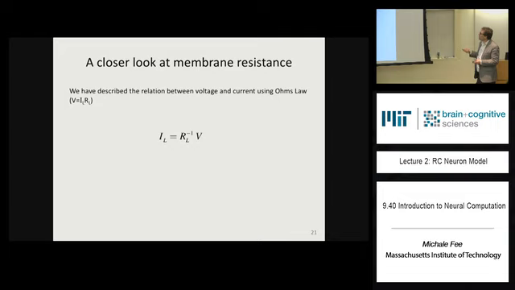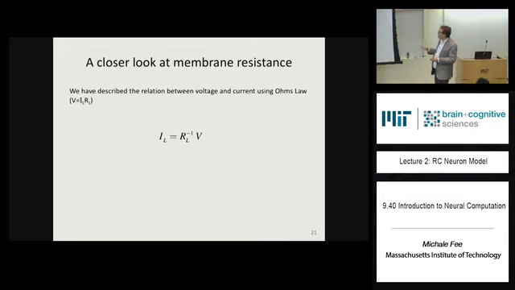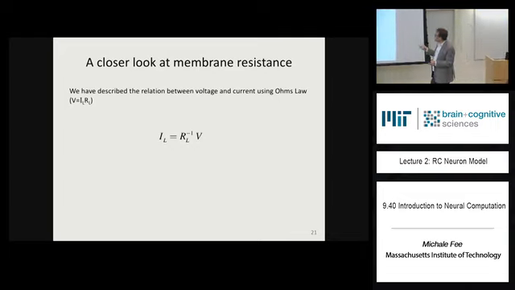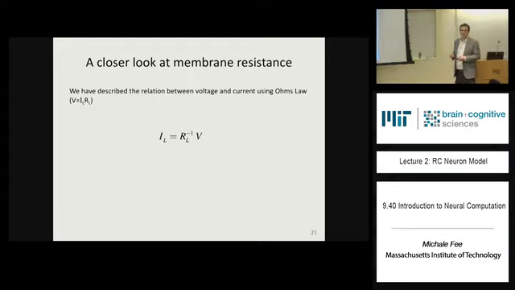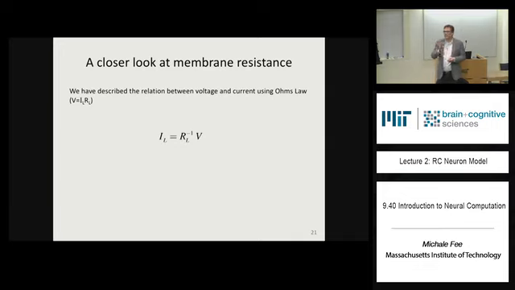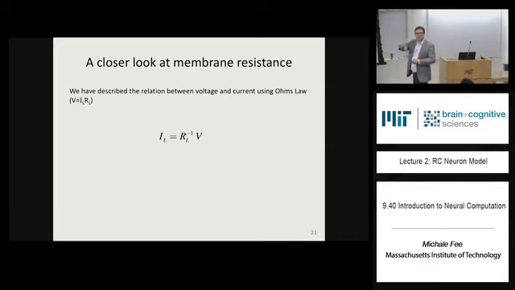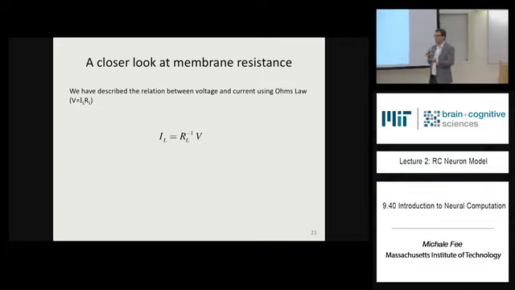We've described the relation between leak current and voltage as current equals voltage over resistance. But rather than using resistance to think about currents flowing through a membrane, it's usually much more useful to think about conductance.